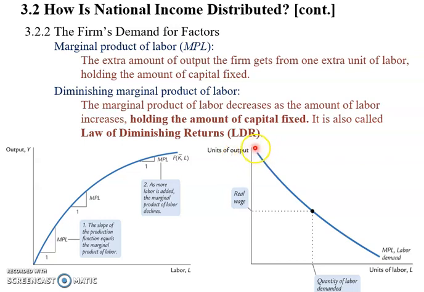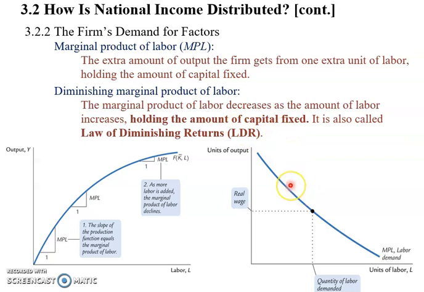However, what you can find is we get a downward sloping MPL. Again, when we add more and more units of labor in our production, so we're moving towards the right, you would find that the MPL is declining. Again, this is because the capital is fixed.